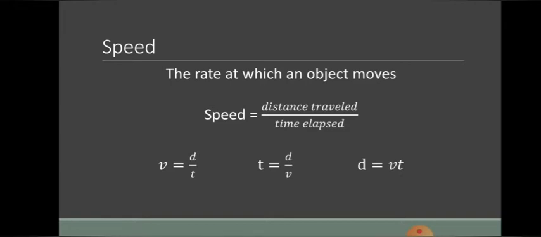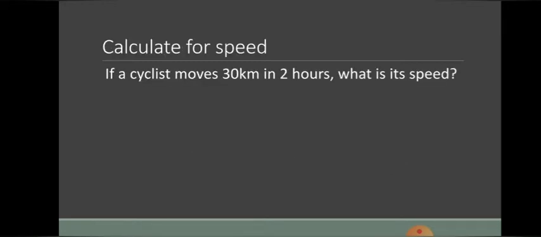But if you are going to look for the time instead of speed, you may use the formula T equals the distance over the speed given. Or if you are asked to get the distance, we have D equals the speed times the time. Now, for example, calculate the speed for this scenario.